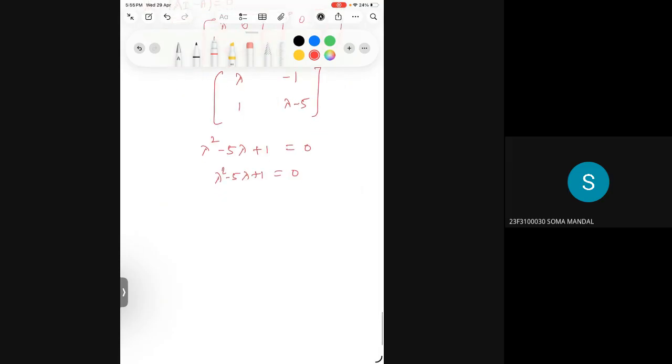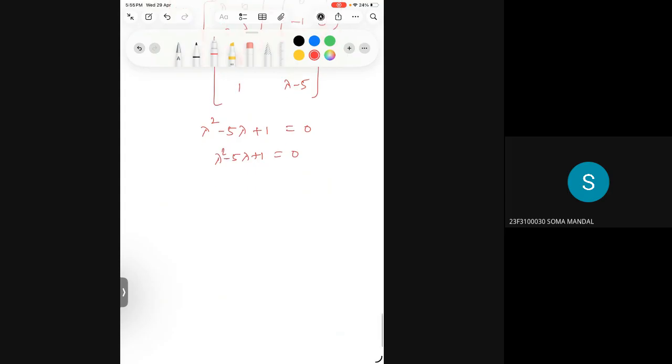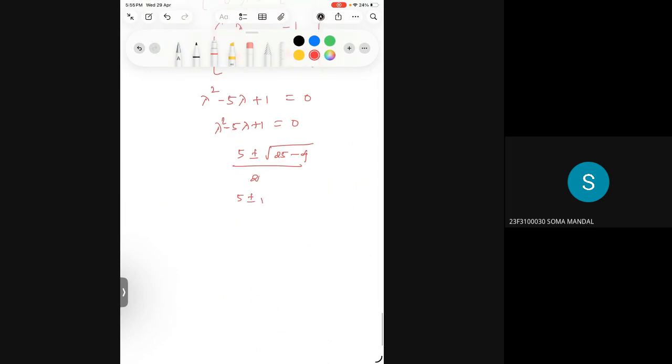So the poles should be around... I think this is not a whole equation, so we will use minus b plus or minus root of b square minus 4ac divided by 2a. 5 plus or minus root of 21 divided by 2. There's nothing we can simplify, right? 21 is 7 into 3. So 5 plus or minus root 21 by 2.